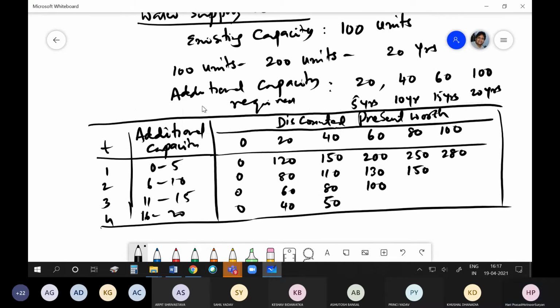Why do we see that these values are coming less as the time increases from 16 to 20, it is 40, whereas if I do it in 0 to 5, it is 120? Why is this? Can anybody think over it?